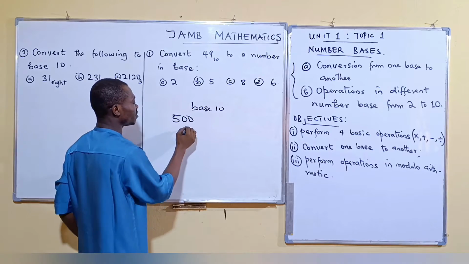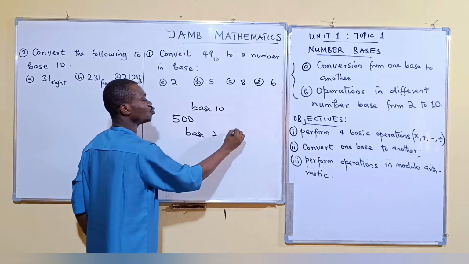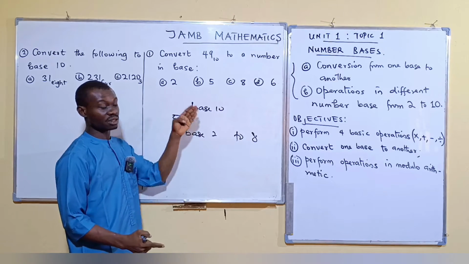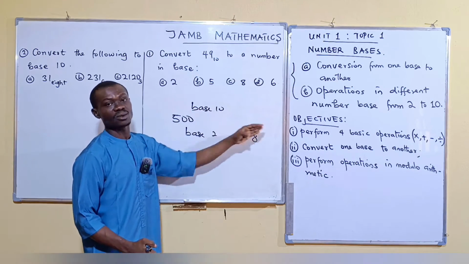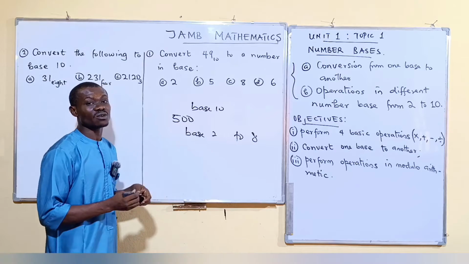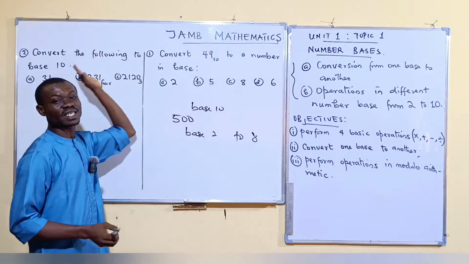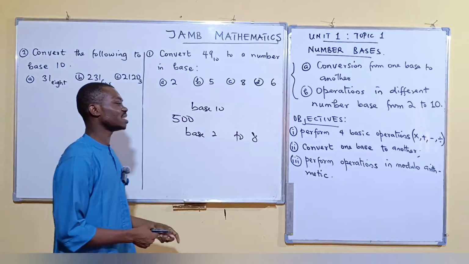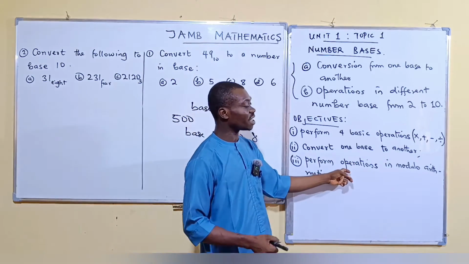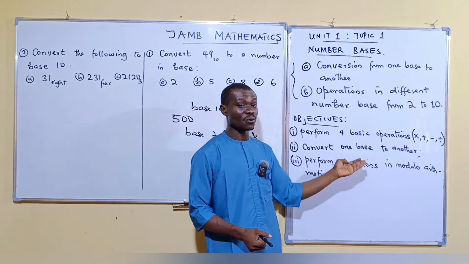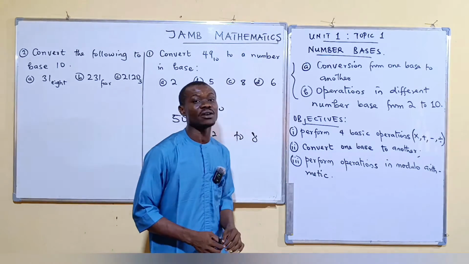So what if we say convert from base 2 to base 8? These are the different kinds of conversion, and the reason why we do the third one last is because it will involve these 2. So we are going to get into it, and then you can see the last objective, sorry, is that you should be able to perform operations in modular arithmetic.